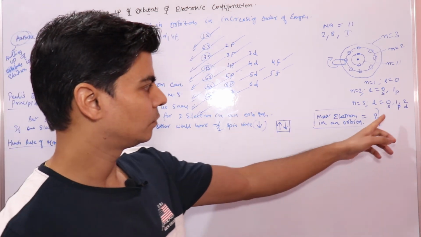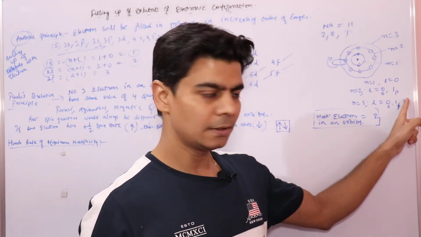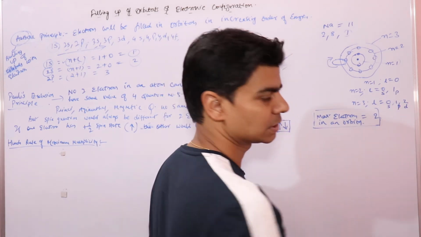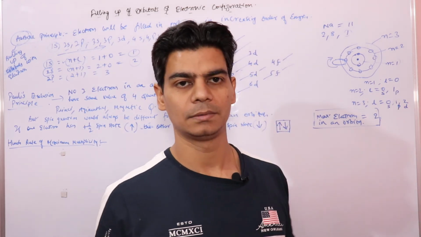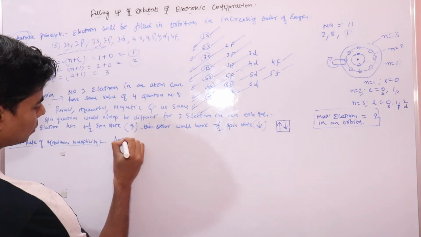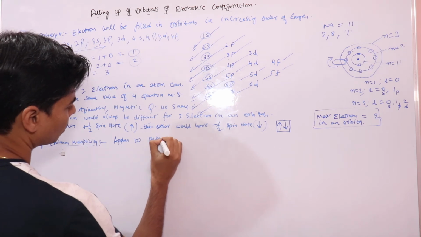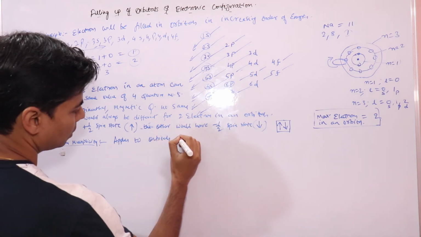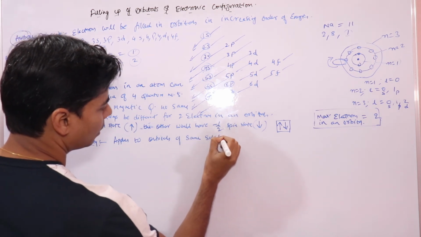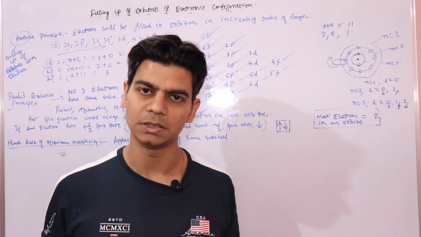Like you have p subshell, or d subshell, it applies to electrons in the p subshell or the d subshell. So we say it applies to orbitals of same subshell, and orbitals of same subshell have equal energy, right?